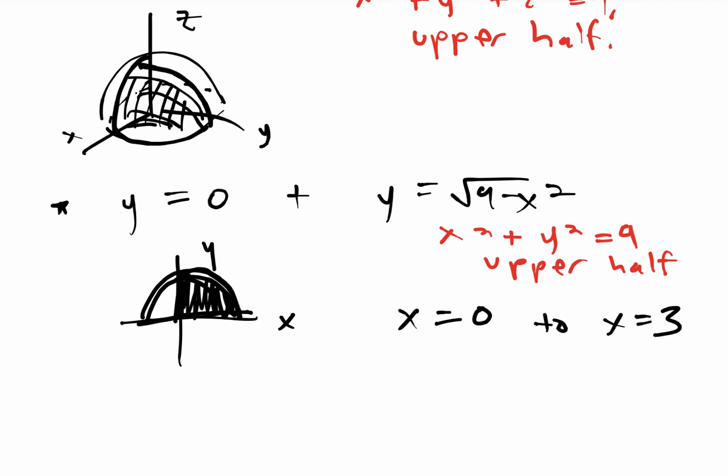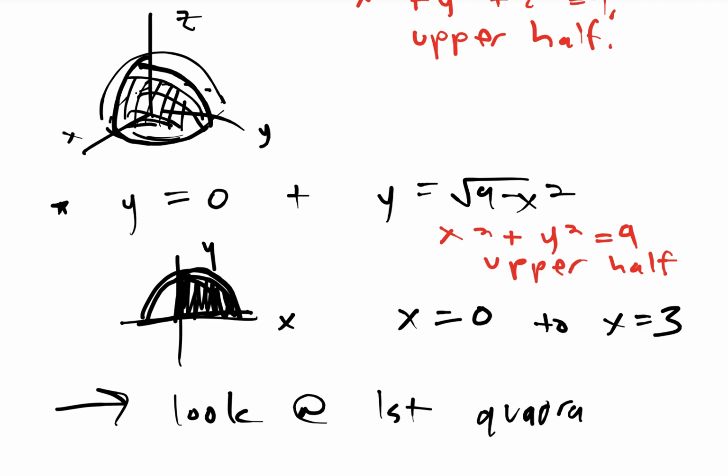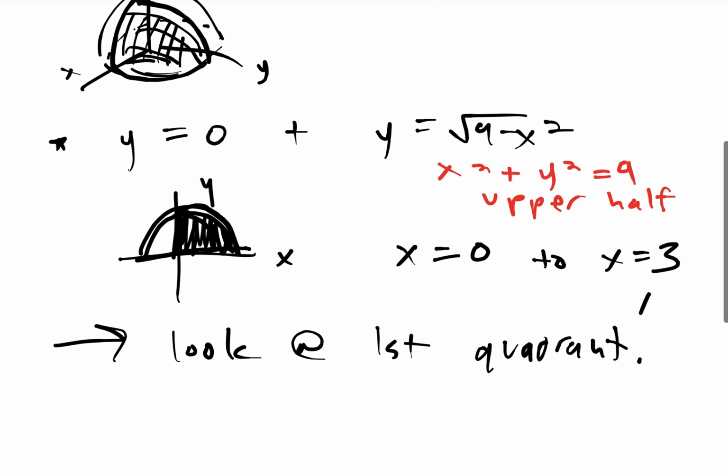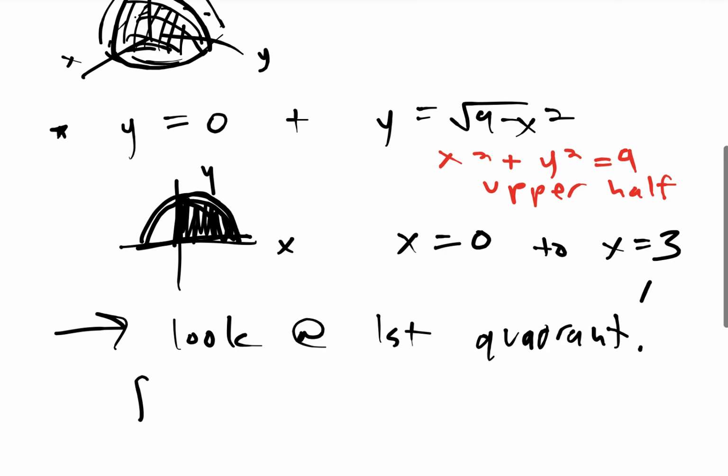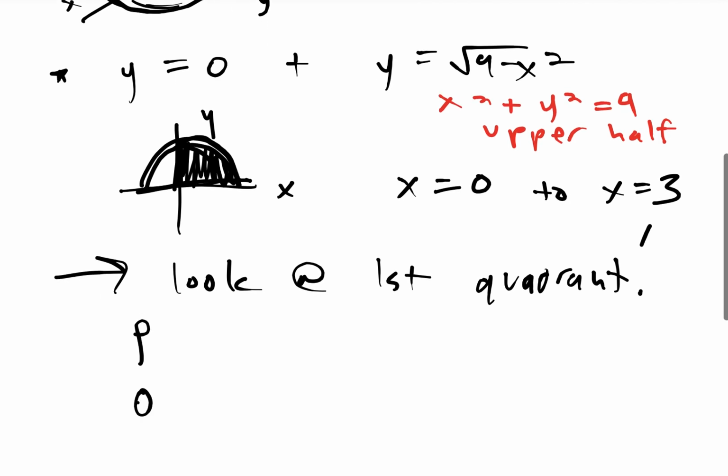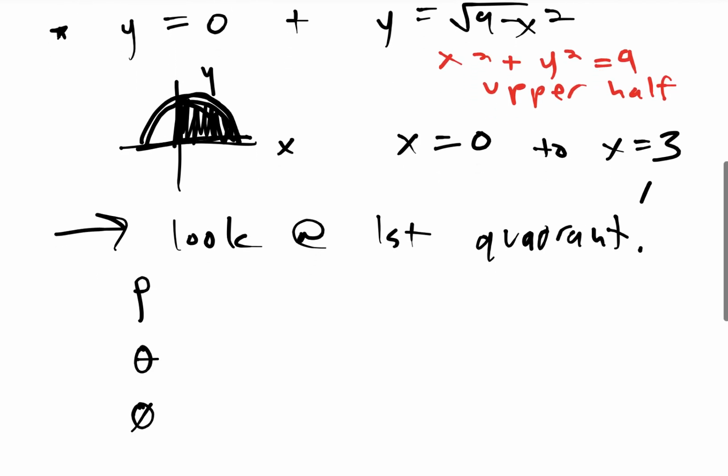I may as well disregard the stuff in the back. We are basically looking at the first quadrant. Okay? So, if I want my bounds on that, well, again, rho, theta, phi.